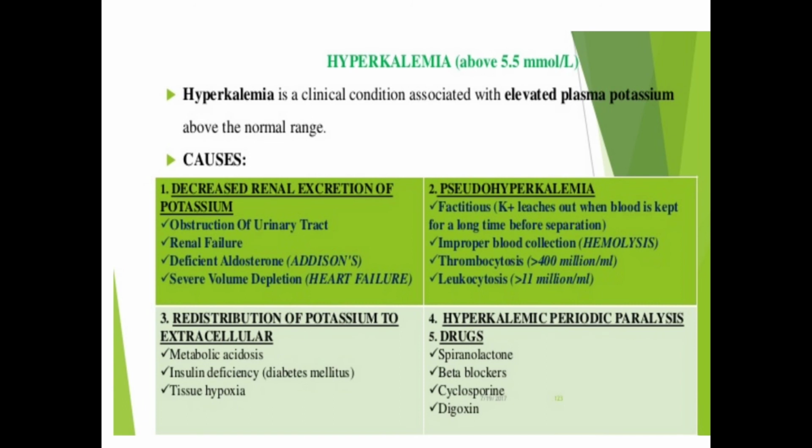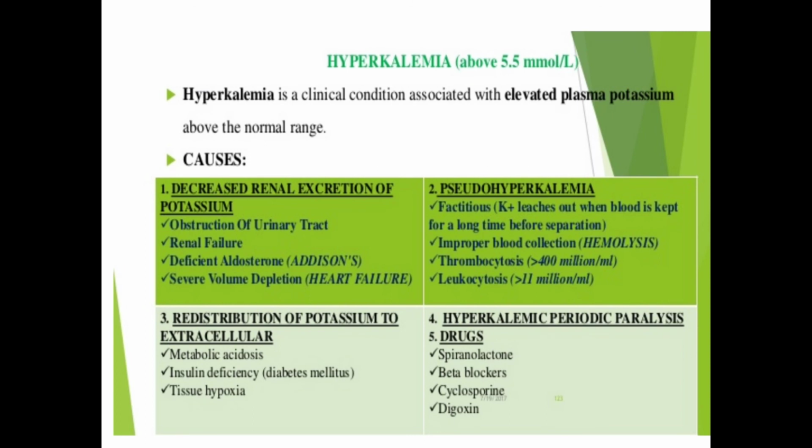Hemolysis means breakdown of RBC. Potassium is mainly an intracellular element, present inside the cell, so when RBC lyses, potassium comes out. So improper blood collection or mixing, RBC lyses, and potassium level will be high.